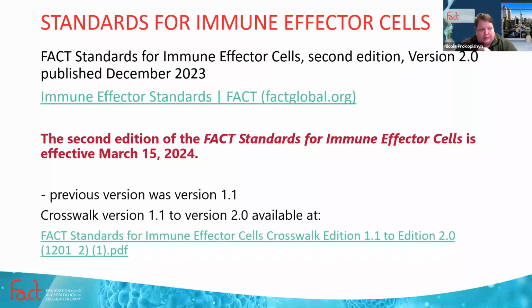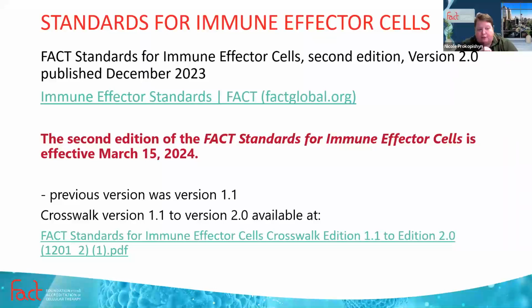The Standards for Immune Effector Cells, second edition, version 2.0, was, as I mentioned, published in December of 2023. You can find them, of course, on the FACT website, factglobal.org, and you can purchase hard copies and download copies of both the standards as well as the accreditation manual there.